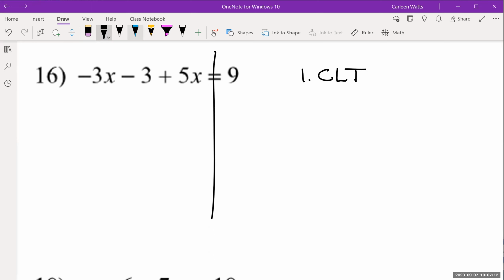So I see like terms, x's and x's, both on the left side of the equal sign. So we're going to combine those. -3 plus 5x is 2x.